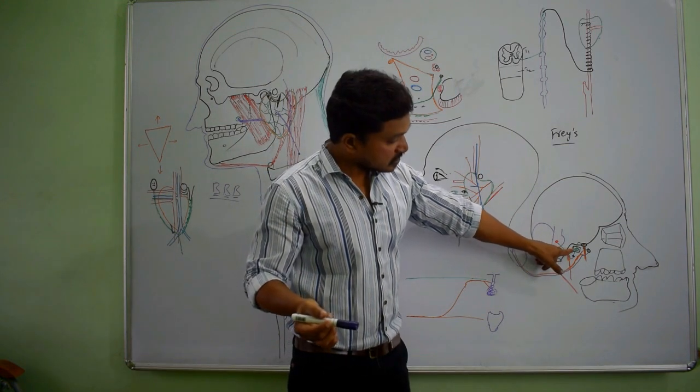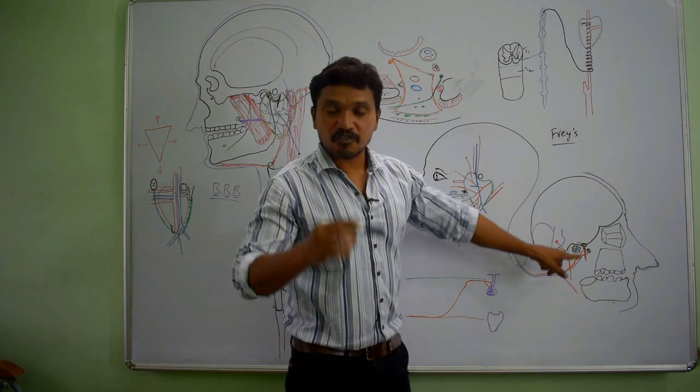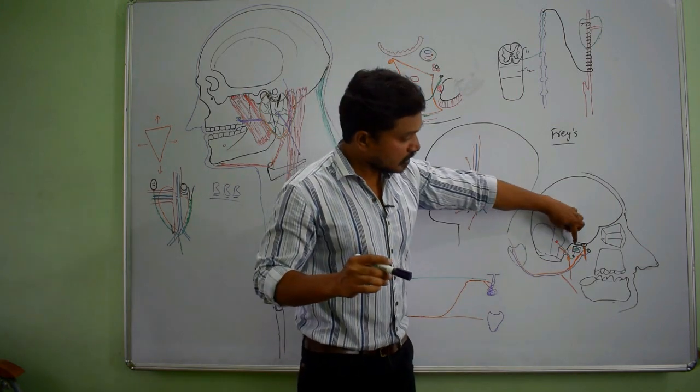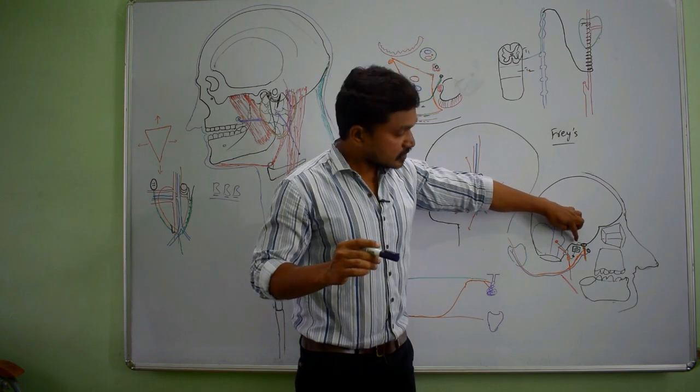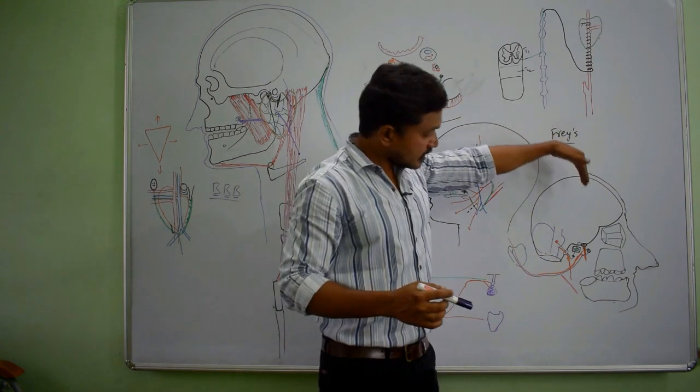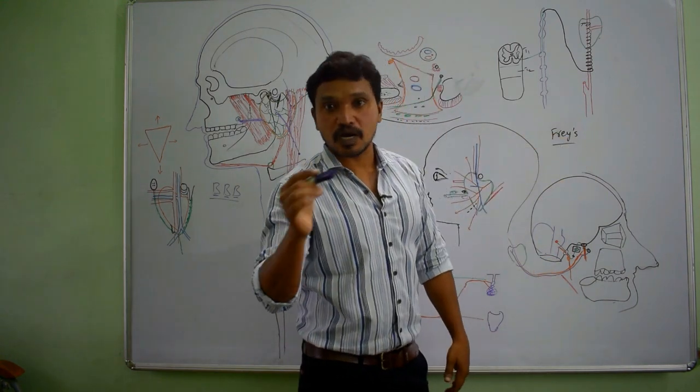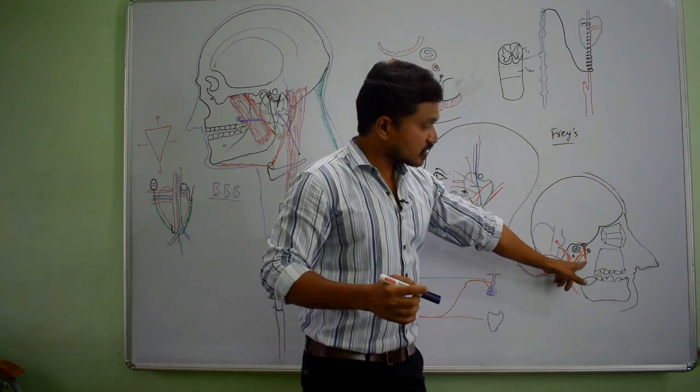Then it reaches the middle ear cavity and forms a plexus. That plexus we call the tympanic plexus. From the tympanic plexus, the lesser petrosal nerve arises. That lesser petrosal nerve reaches the middle cranial fossa. Then it passes through the foramen ovale and reaches the infratemporal fossa.